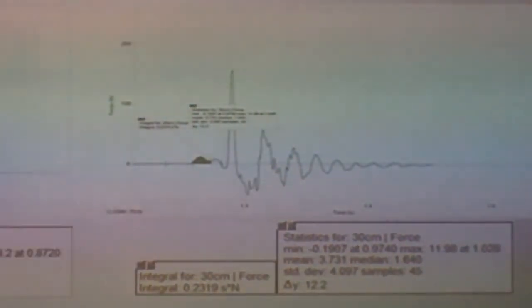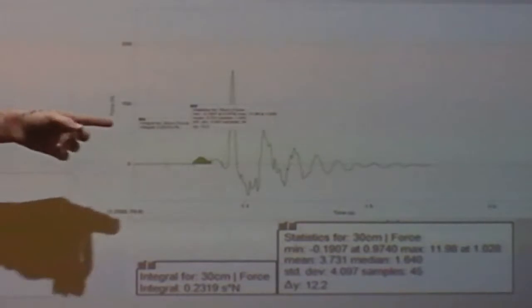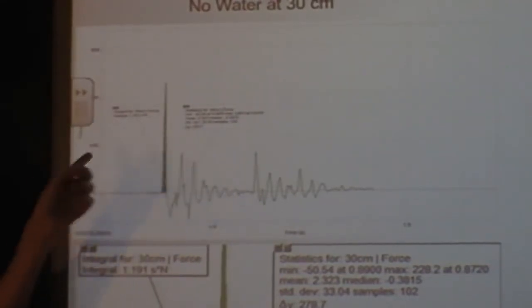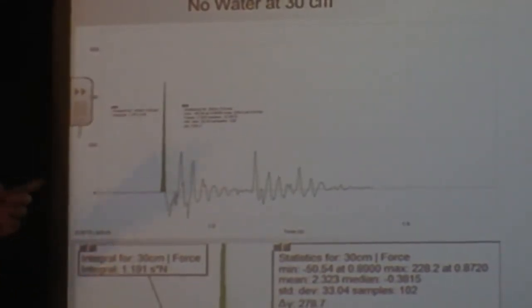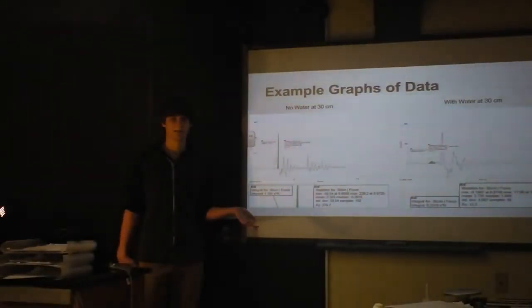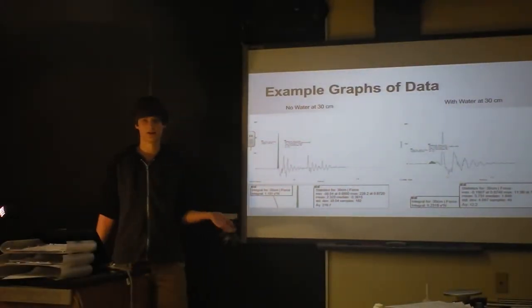The short one was it impacting the water, and then the tallest one was it hitting the bottom. We also took the area underneath these peaks, and that is the impulse, which is force times delta t, and that's equal to change in momentum.